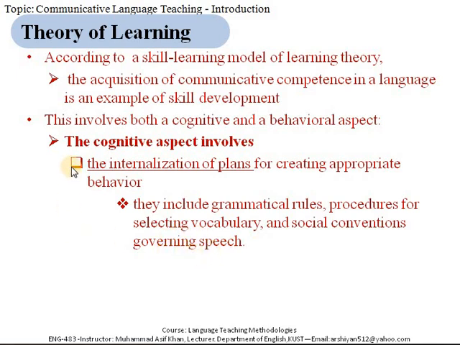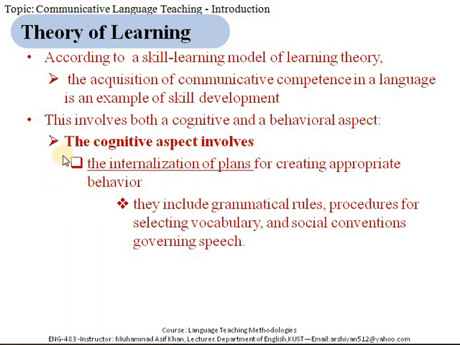So the cognitive aspect is connected with the brain, and for these theorists, to whom communicative competence in language is like skill development, the cognitive aspect, or the internalization of these behaviors, is very important.